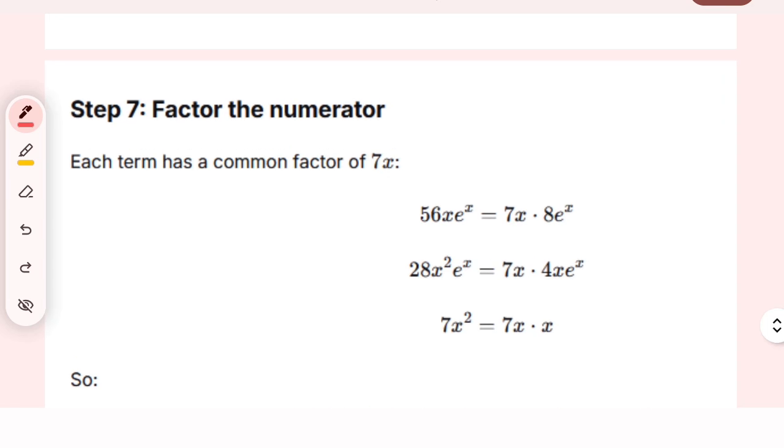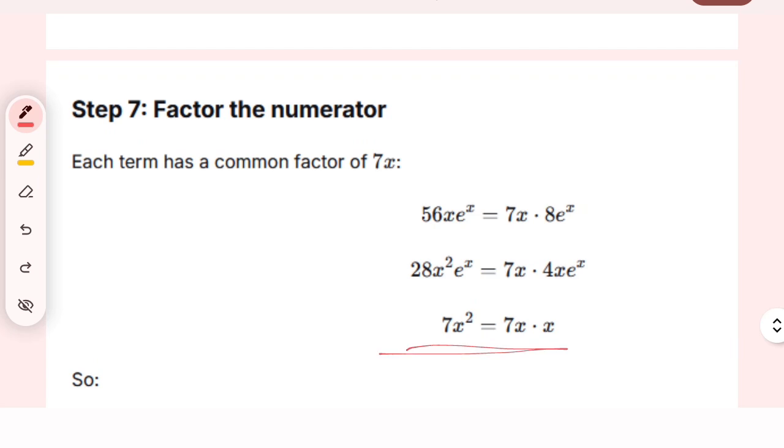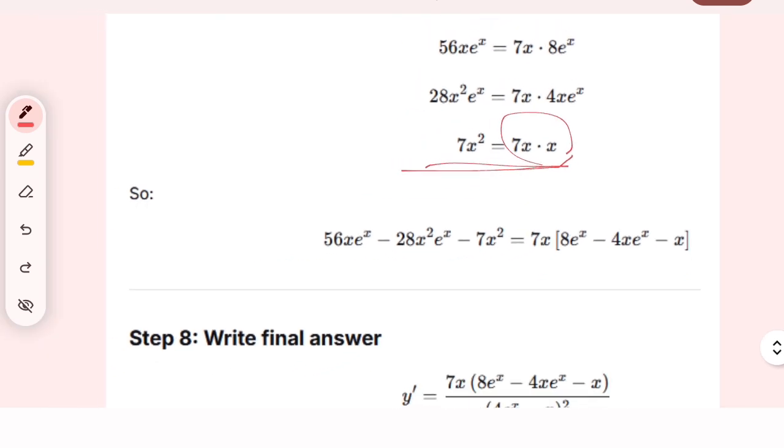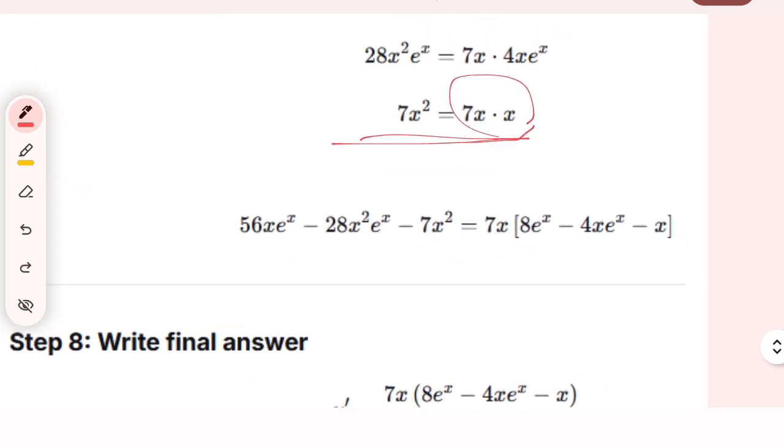So in here, you can factor out 7x. So you factor out 7x here, so the denominator would be something like this, 7x times x. And then it would be like this.